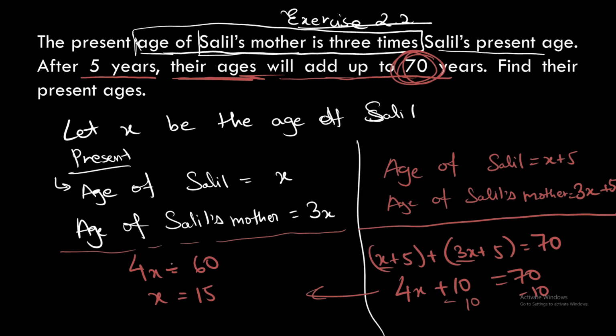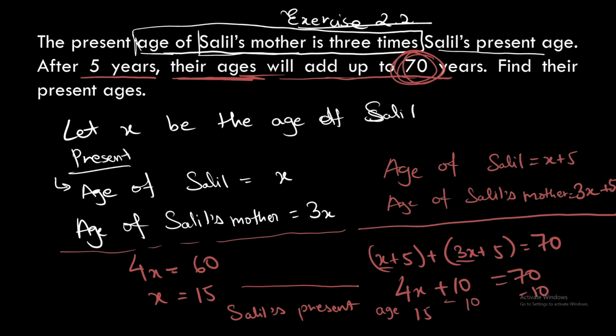So based on all of this, we can say that Salil's present age is 15, and his mother's age will be 15 times 3, which is 45 years. And by this, we can solve other questions also.